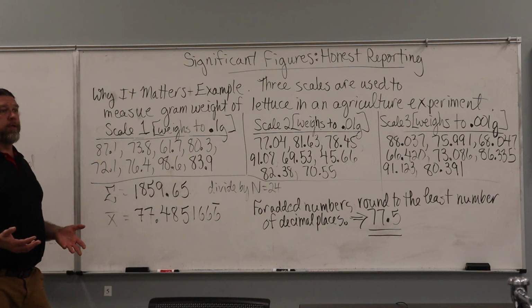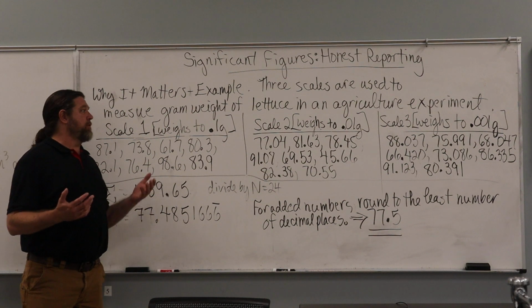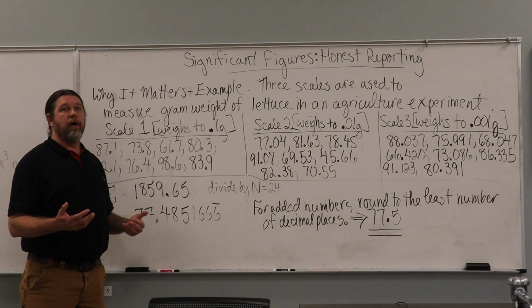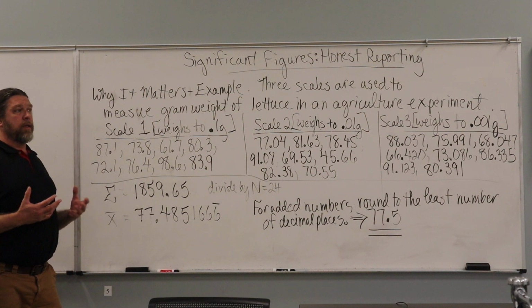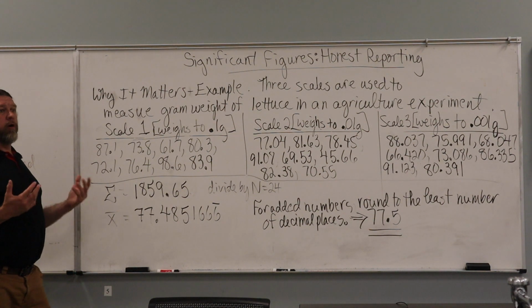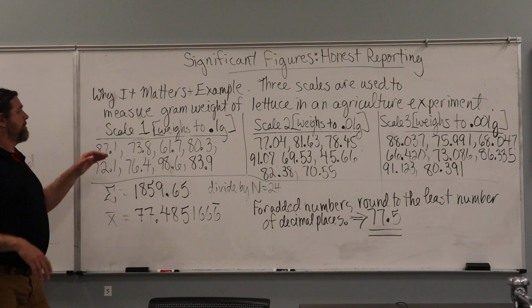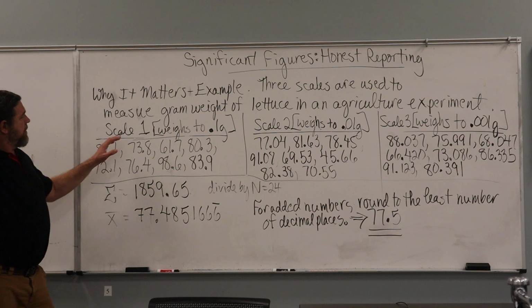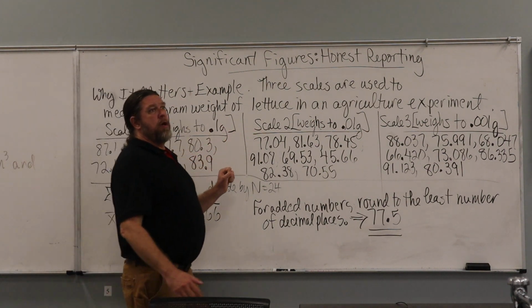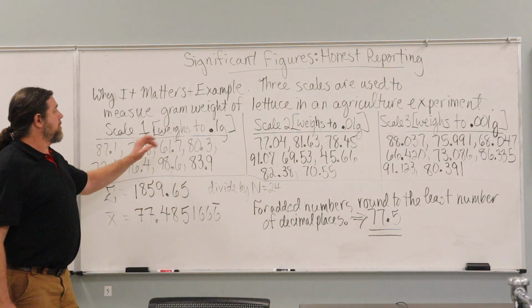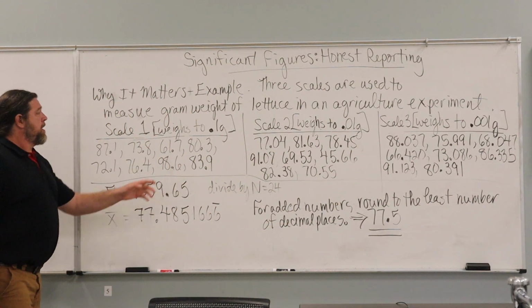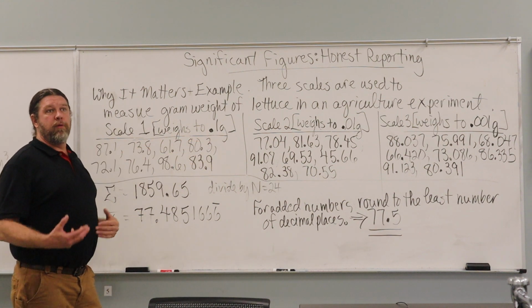Let's say our performance data is the mass in grams of the lettuce. We're trying to grow nice big lettuce, regardless of the method. That was the goal. And the problem here is that each scale measures to a different level of accuracy. So let's say the first scale that the first student gets only measures to 1/10 of a gram, 0.1 of a gram.